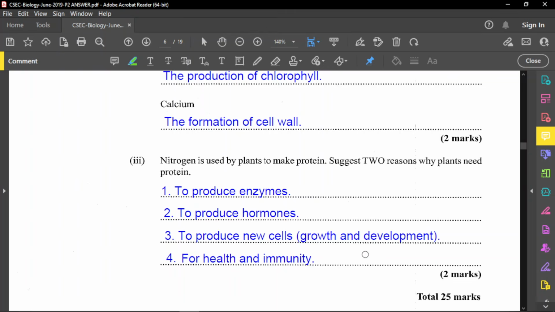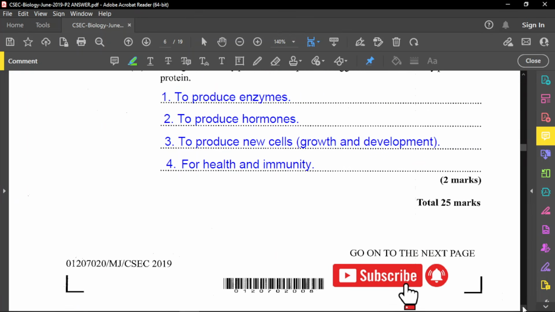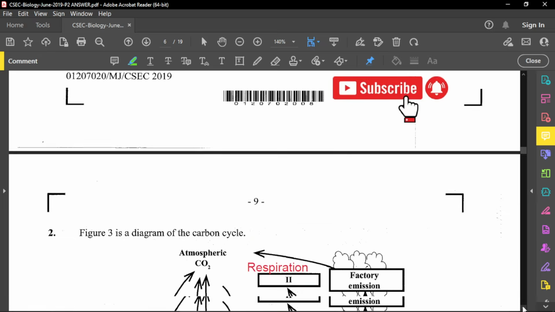All right, so enzymes, hormones would be the common answers that we'll expect from you, and also to produce new cells for growth and development. All right, but as well help with health and immunity of the plant.